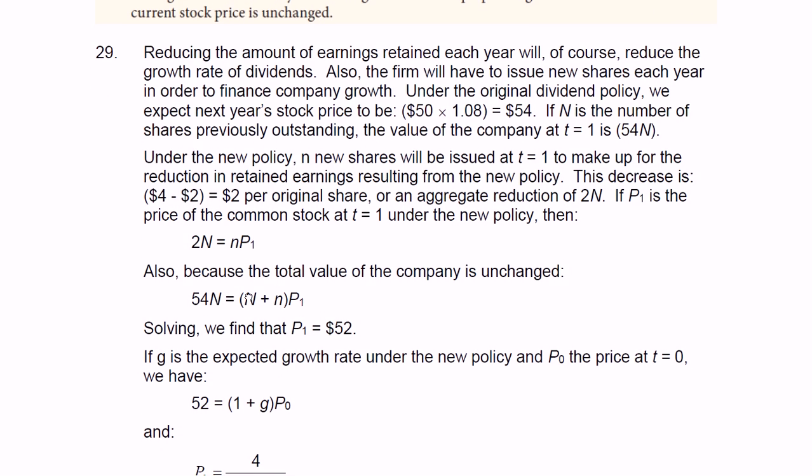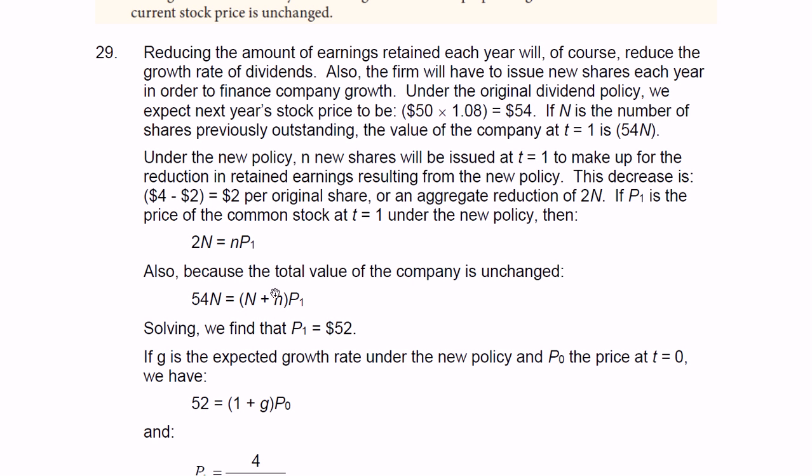Also, because the total value of the company is unchanged, we must have the following equation. This is, under the 8% growth rate, what the value of the company would be. It should be N multiplied by 54.